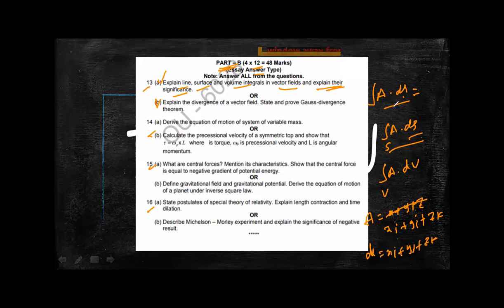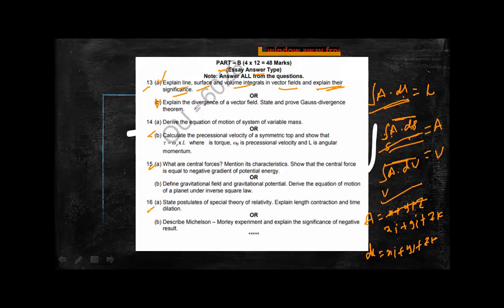Just write the formulas for how we do it. Everything is a dot product. Here you can get a volume, here you can get the area, and here you can get only length. It's a line integral, surface integral, and volume integral, and you can go through my class also. We have already covered this.